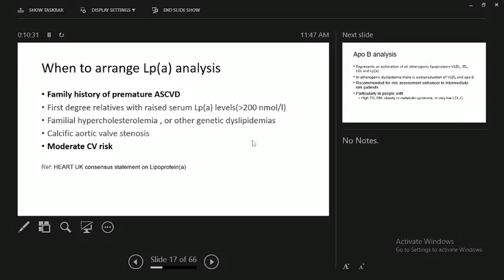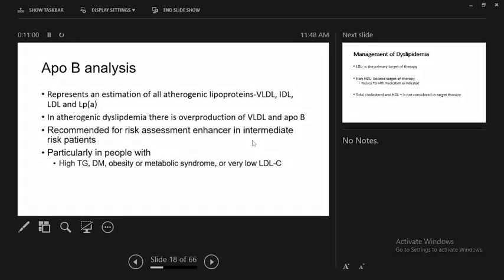Why is it important? If patients have moderate risk by our CV risk calculation, and this is high, we can reclassify them as high risk patients and start treatment accordingly. So for us, I think two are very important: the family history of premature atherosclerotic cardiovascular disease, and a moderate risk, where you might consider doing this test in affordable patients.